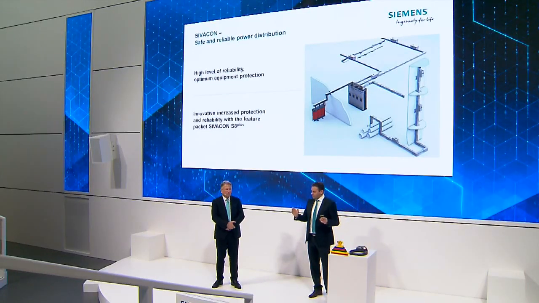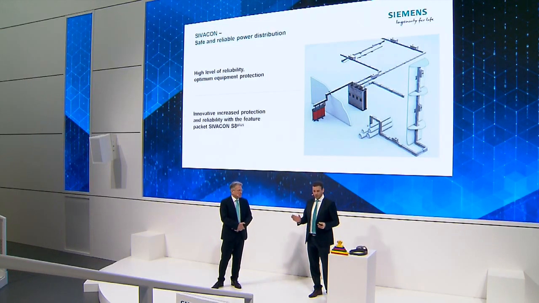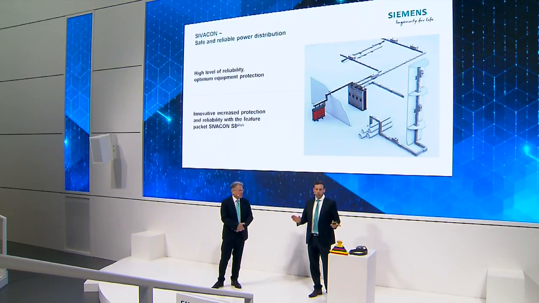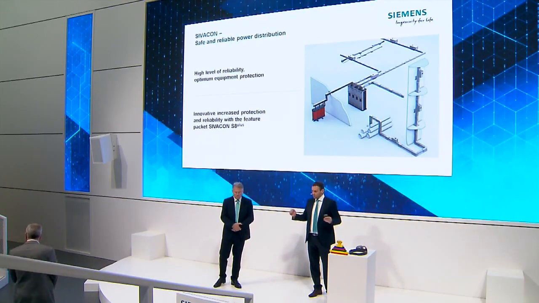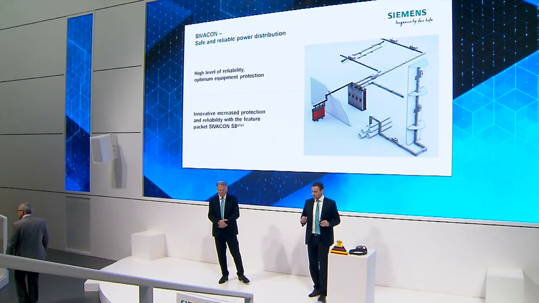This includes protection and switching devices, as well as motor starters, all of them from Siemens, all of them design-verified in combination. In addition, we also integrate into SIVACON S8 new innovative features such as our forced cooling technology or our new arc flash protection system for increased safety.